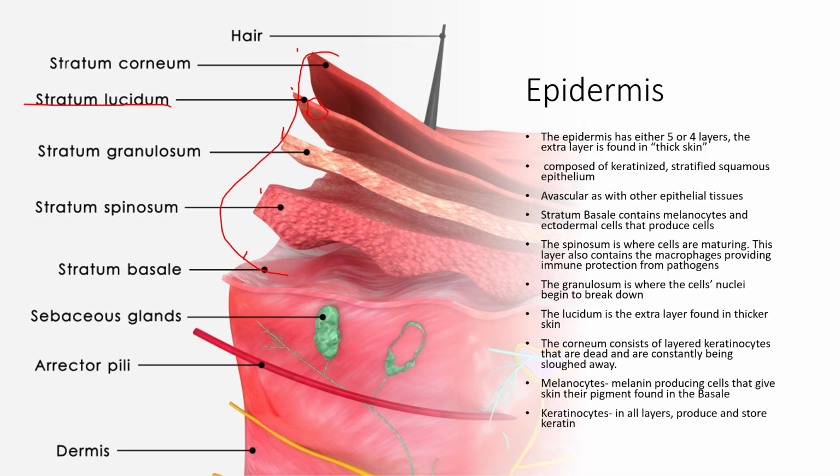The epidermis has 2 main cell types. We have melanocytes, which are specialized cells that exist in the stratum spinosum, and they produce melanin. They're kind of these larger cells.